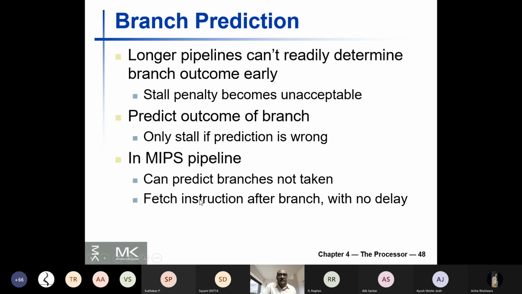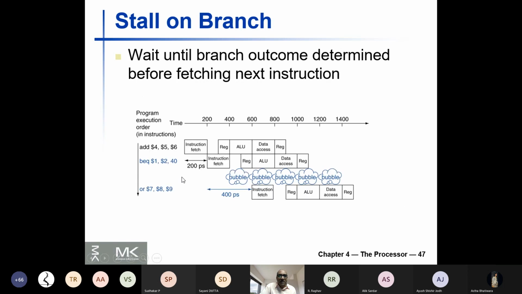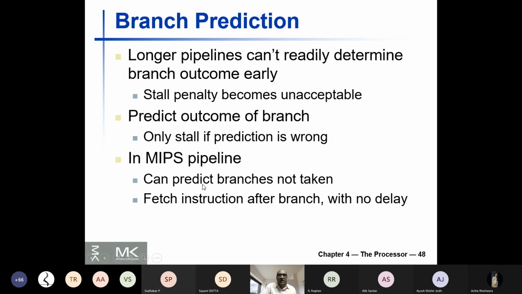And here, how do we avoid these stalls? For certain programs, the branching frequency is reasonably high. If you analyze particular data sets with more frequent branches, you can see that about 17% of the instructions are branch instructions.